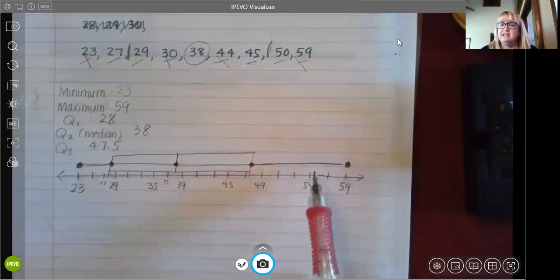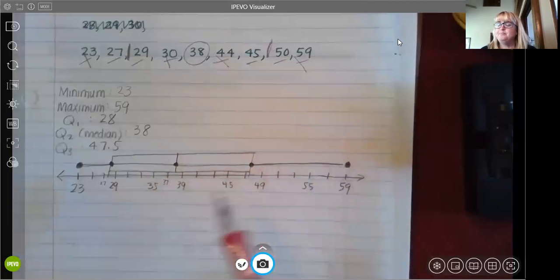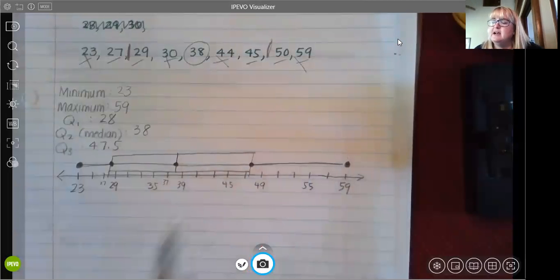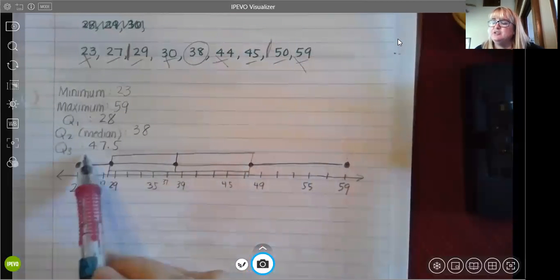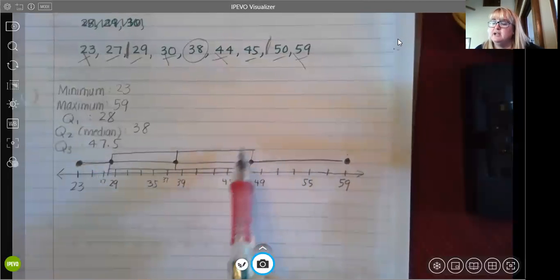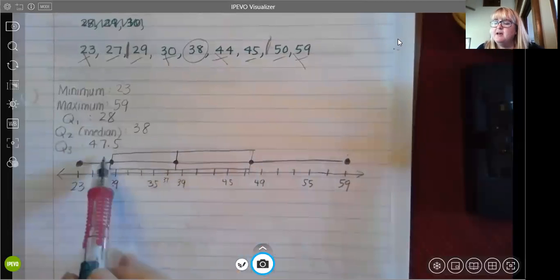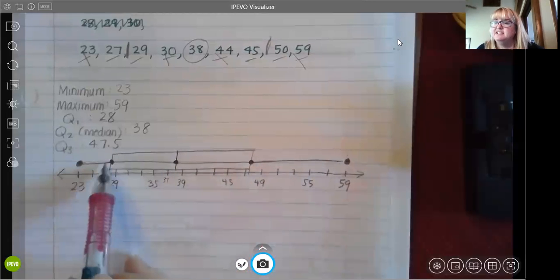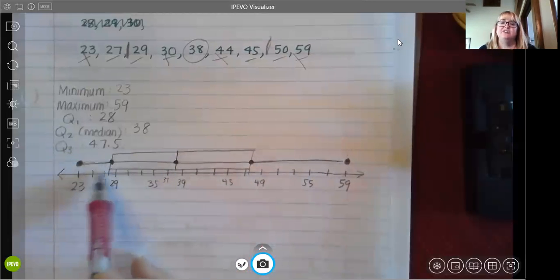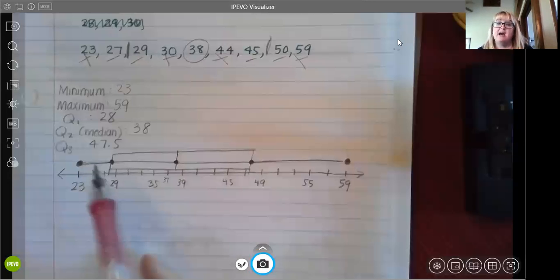So a box plot takes the maximum and minimum, and then the quartiles, and it shows you how the data is distributed. There are just as many fitness instructors in this age range as there are in this age range. And so what that tells me is that more of them are clustered around this age. We have more of our data clustered here, whereas this is spread out.